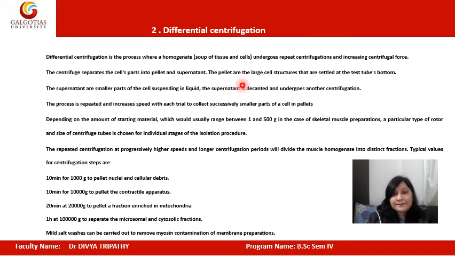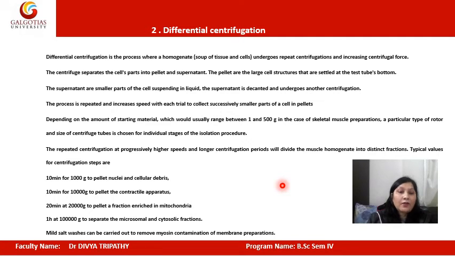Now, these pellets are large cell structures that have settled at the test tube bottom in the form of a pellet. The supernatant contains smaller particles of the cell suspended in the liquid. The supernatant is decanted and undergoes another centrifugation. This process is repeated with increasing speed with each trial to collect successively smaller particles of the cell in the form of pellet.